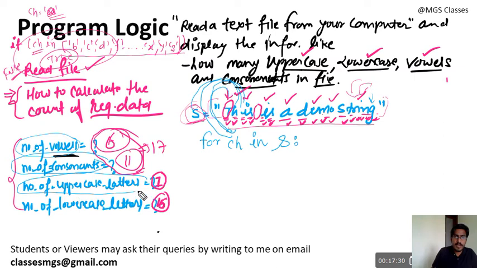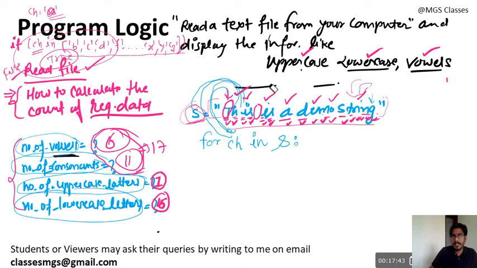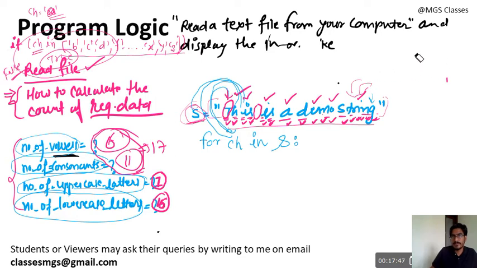Third, number of uppercase letters we need to create another variable, and number of lowercase letters we need to create one more variable. So let me rough this portion also and create the 4 variables here so that you can understand it. Okay, so now I am going to create 4 variables.